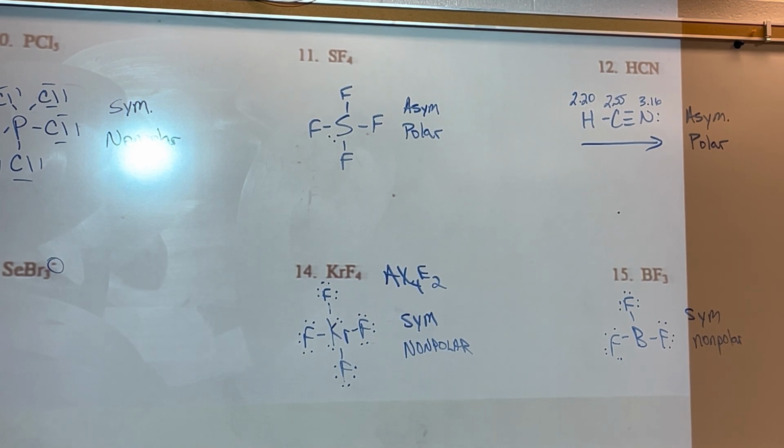This is one of the more challenging parts, being able to draw the Lewis dot structures, figure out the shapes, and tell whether it's polar or non-polar. You're getting in the deep water now. All right.